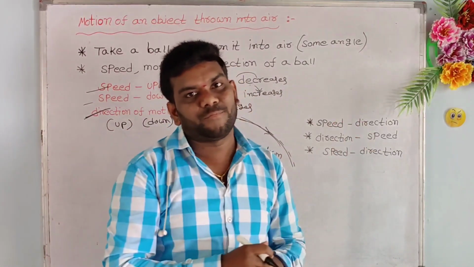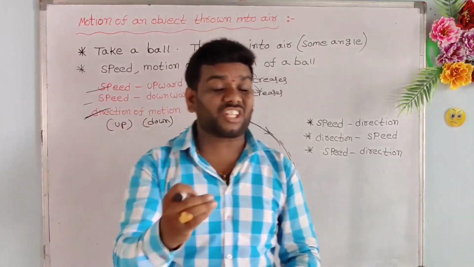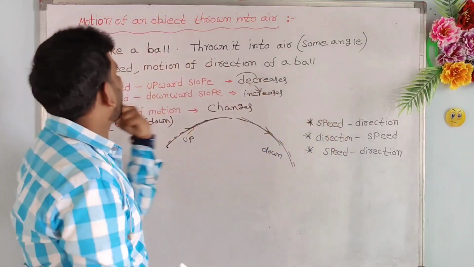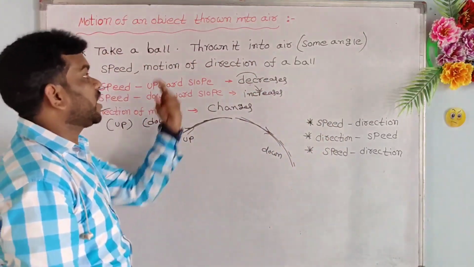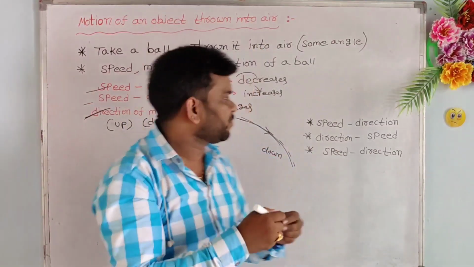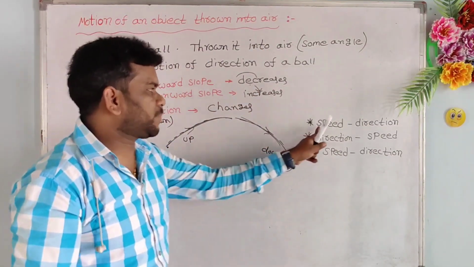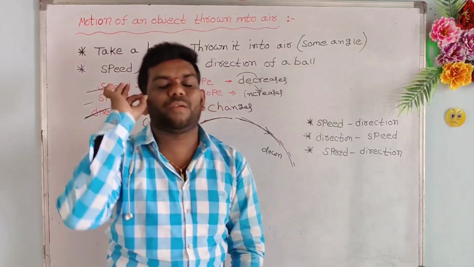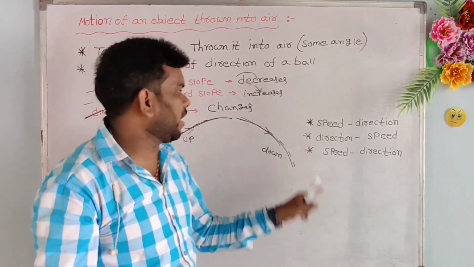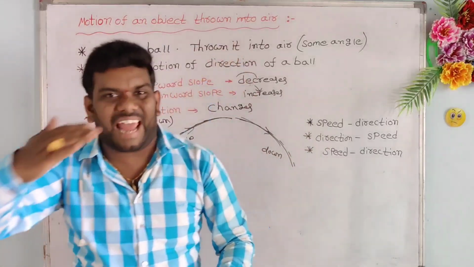So speed changes, and the direction of motion of the body also changes. So this is the example of motion of an object thrown into air at some angle. తో వేస్తున్నప్పుడు అయితే మనం అబ్జర్వ్ చేస్తే స్పీడ్, డైరెక్షన్, ఇట్ ఇస్ వెరీ ఇంపార్టెంట్. స్పీడ్, డైరెక్షన్. So here, first example, inclined plane.